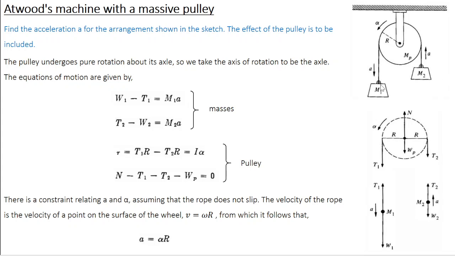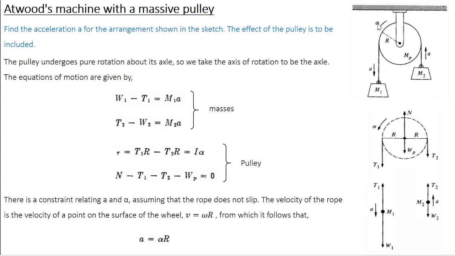So m1 and m2 are undergoing a translational motion, or linear motion. But look at the pulley. The pulley is going to rotate, right? And the axis of the pulley is fixed. The axle is fixed to the top surface. So this is a pure rotation.